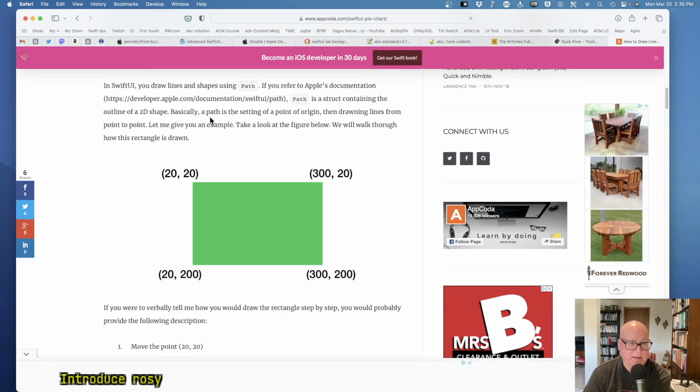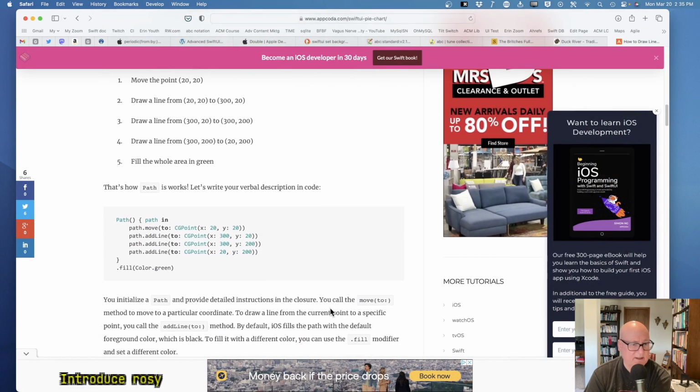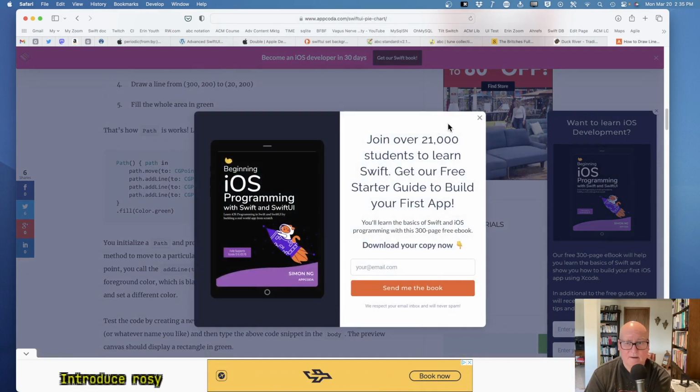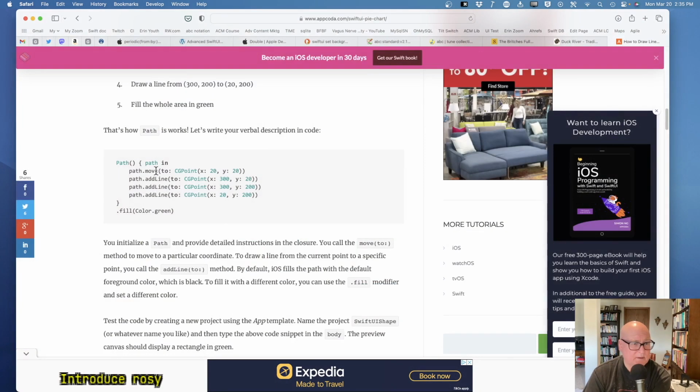Well, okay, yeah, I can create a path with a rectangle, but I don't want to do that. Can I?